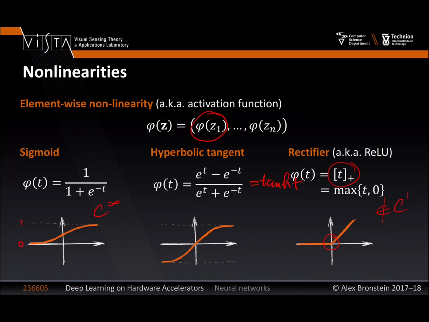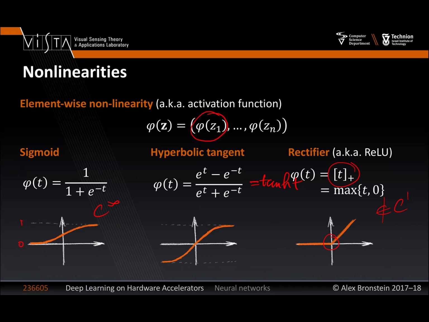Yes, a question? Why specifically these functions? Okay, so we will talk about why, for example, not to use sigmoids when we talk about how we do optimization. Okay, so we'll see it next week. People used different types of functions, like, for example, you can put a polynomial here or some Gaussian kernel, something like that.